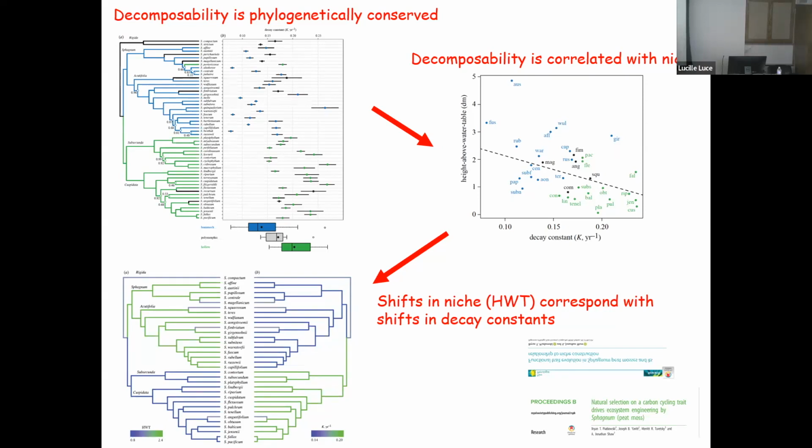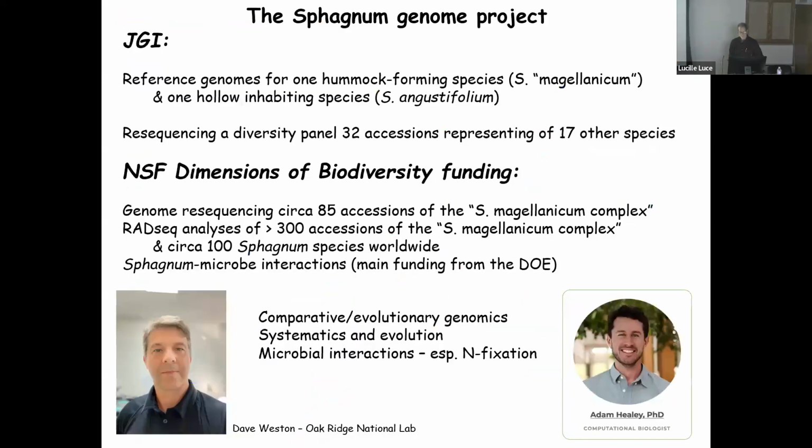And then if we take the next step and superimpose all of this, we see that shifts in niche phylogenetically are correlated with shifts in decomposition rates, incredibly sensitive to changes in niche. I accused my then graduate student of making up the data, kiddingly, because the correlation was so remarkable.